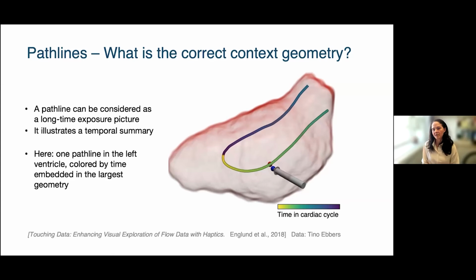What you see here in this image is just one random geometry of the ventricle, but this is not the shape that the ventricle has over the entire time. In most cases, people would pick the largest extent so that you can at least ensure that the geometry contains your entire path line. But the geometry is still changing.